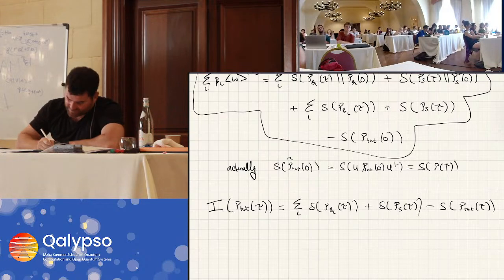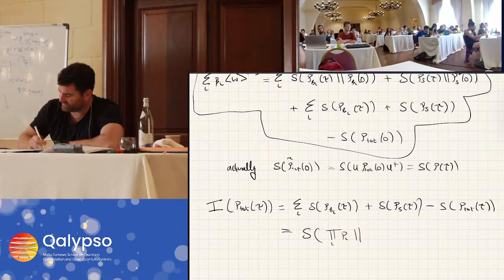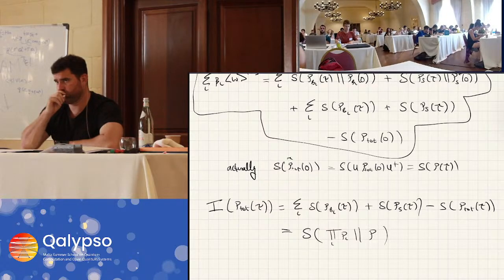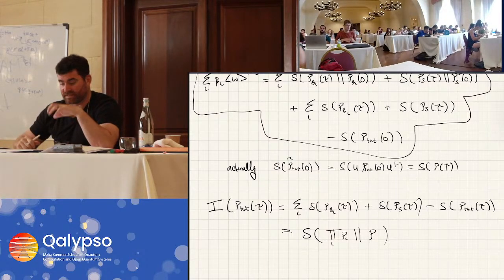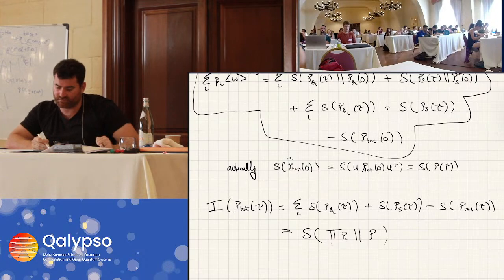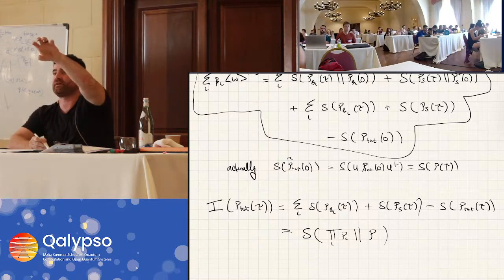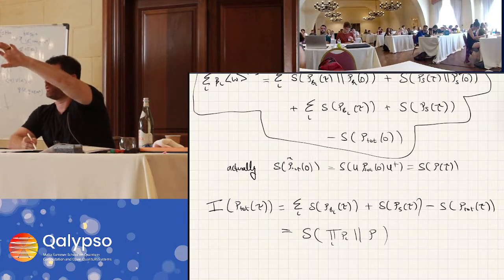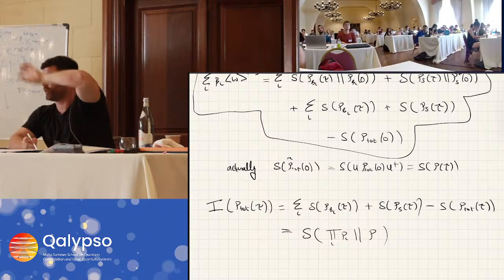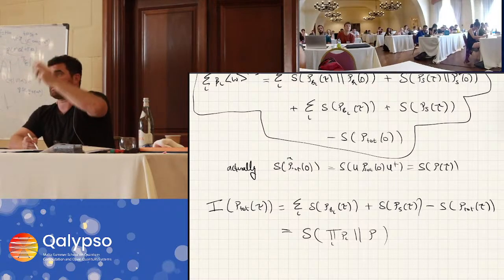This is actually a relative entropy between basically all components and the total state. By definition, because it's a sum, this is the sum of all of the marginal entropies at time tau minus the entropy of the total correlated state at time tau.